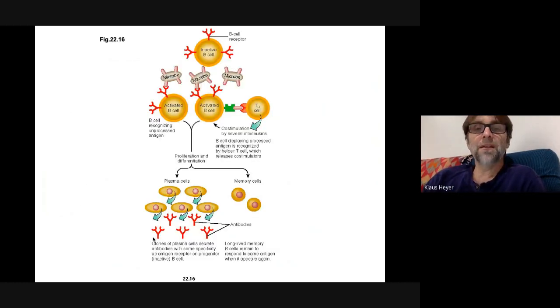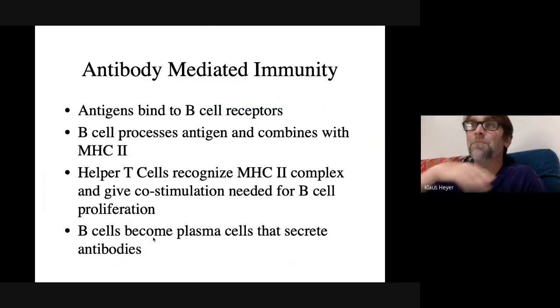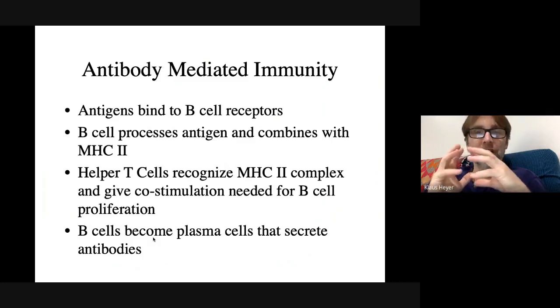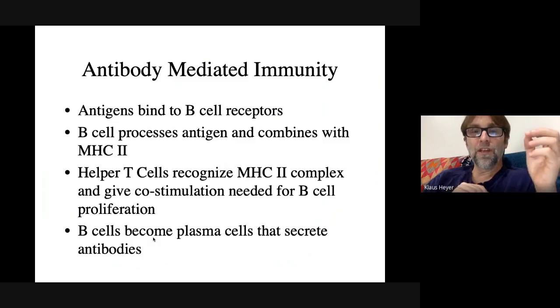Now, B cells, antibody mediated. So we have the other side, the B cells. The B cells are going to either see the antigen in the lymph or the plasma or something, or they'll see the antigen presenting cell.